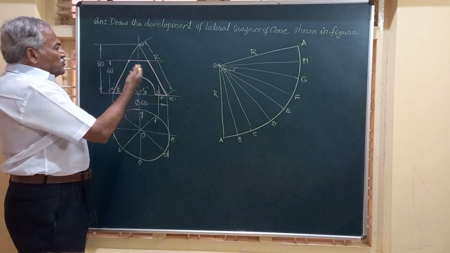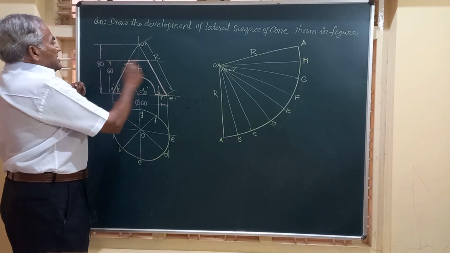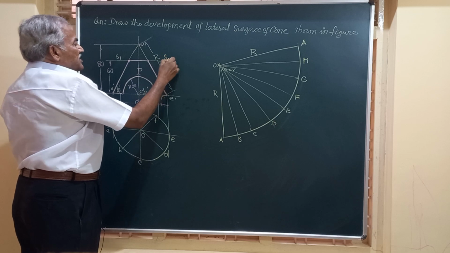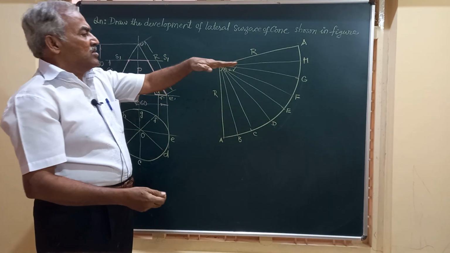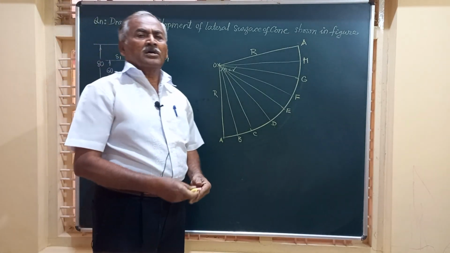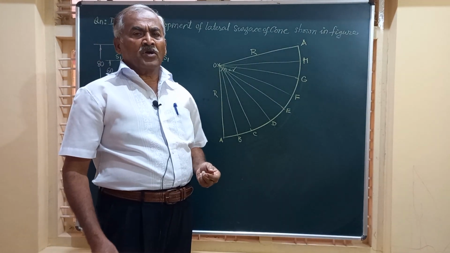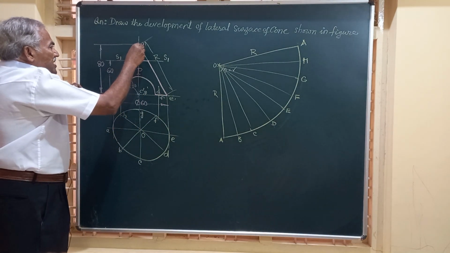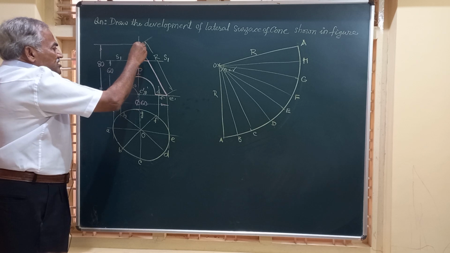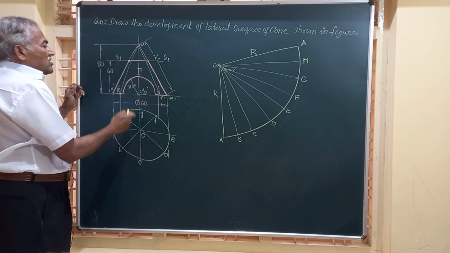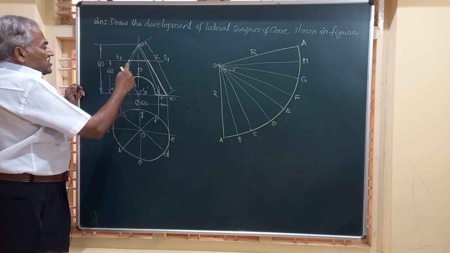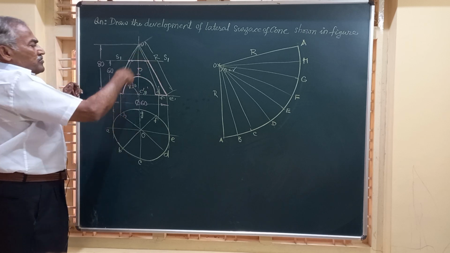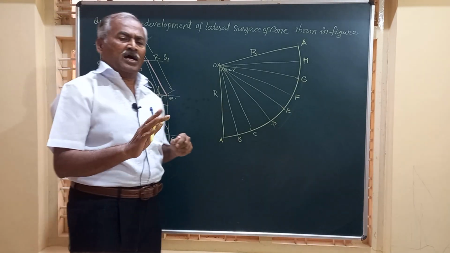Friends, let us move on to the front view and see this horizontal line, S1 and S1, which can be considered to be a horizontal section plane which is normal to VP and perpendicular to HP, and it is cutting all the 8 generators. Before that, let me join these generators. These are the generators we have got, and all these generators are cut at the same height from the base like this. OA, OB, OC, up to OH, all are cut.